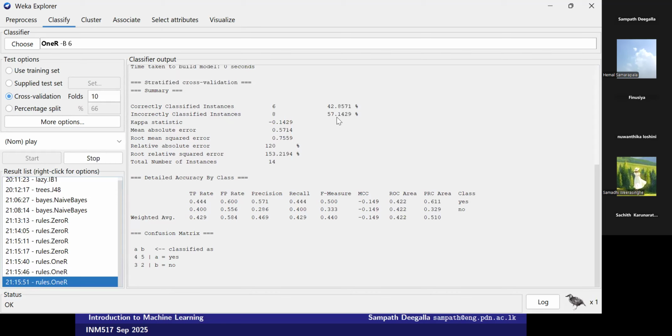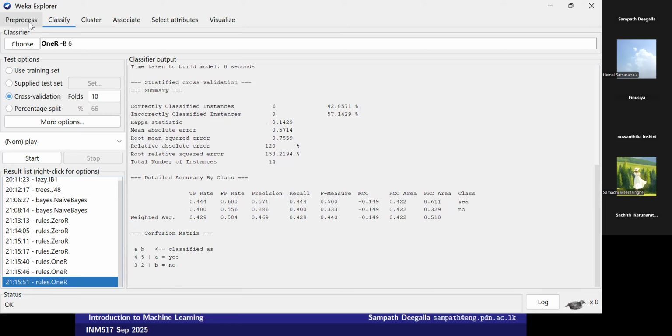Cross-validation, you'll get about 42%. So you observe that if you're using the training set, you are getting very high accuracy, but when you're using percentage split or cross-validation, it's low. So what we need is a high value with these two. And you should never use the training data set to evaluate your models.